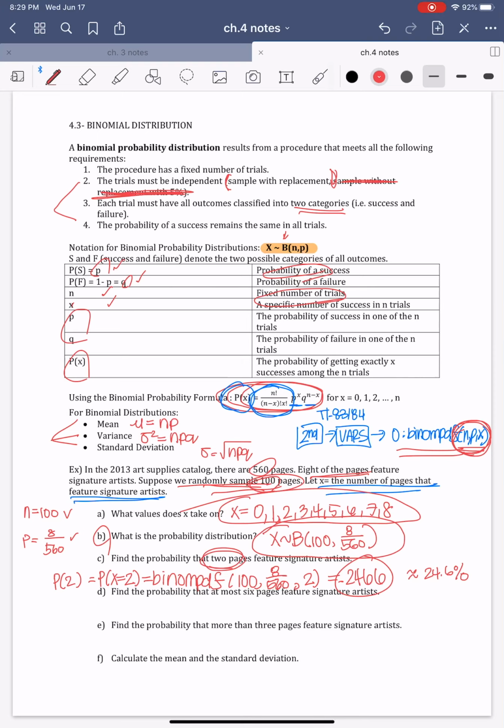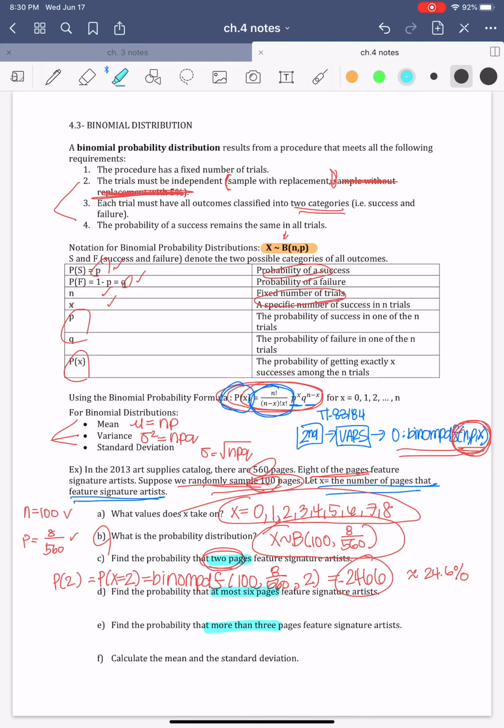Next one. Find the probability that at most 6 pages feature signature artists. Now, there are many words that describe this. Part C, we have 2 pages. Part D, at most 6 pages. Part E, more than 3 pages. These all mean different things. 2 pages is exactly 2. When we say at most, I'm not talking about just 6.